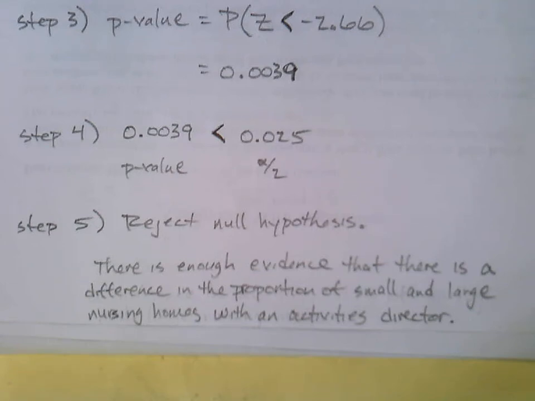We say there is enough evidence. We're not saying it's proven. We're not saying we know for absolutely sure. We're just saying there is enough evidence that there's a difference in the proportion of small and large nursing homes with an activities director. And I'll tell you what, I know where I'm going.